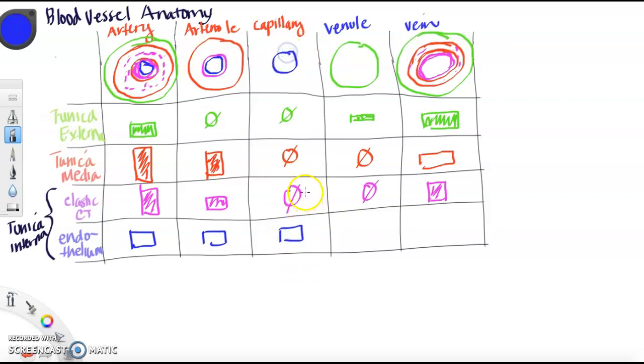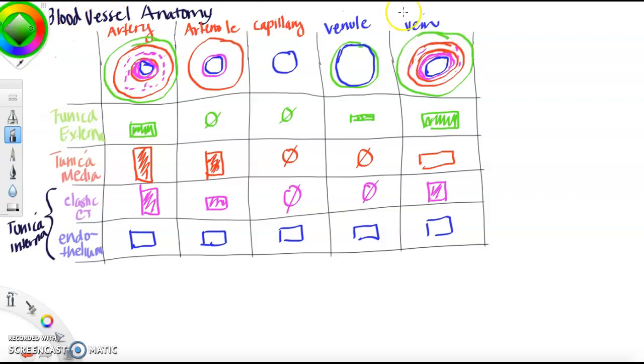That's all they have. Do venules have endothelium? Yes, they do. Do veins have it? Yes, they do. All vessels have endothelium. And endothelium is always just simple squamous epithelium. So they all have that.